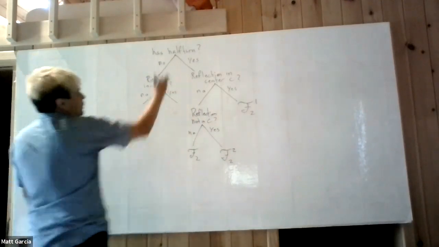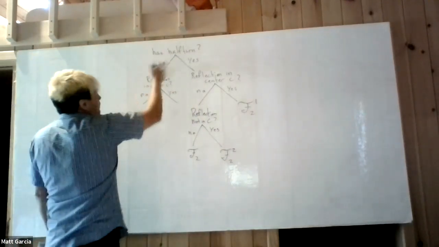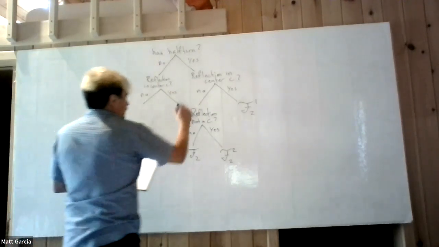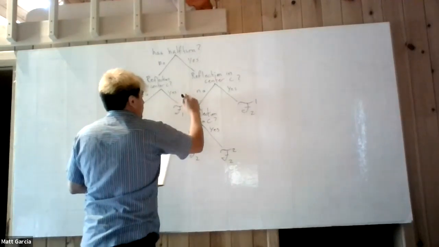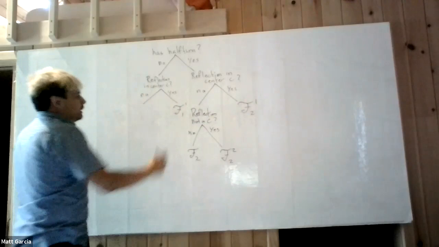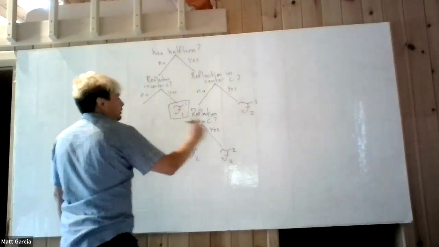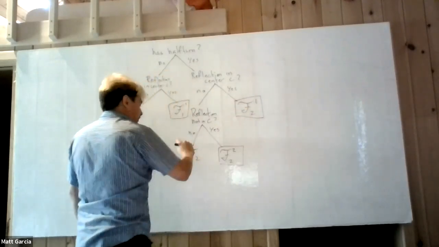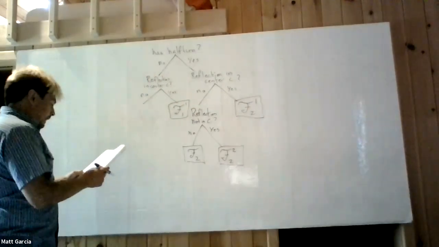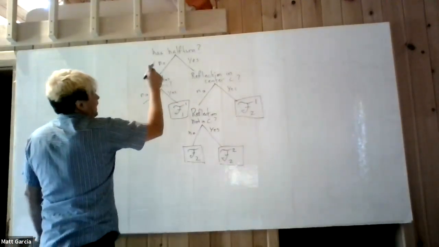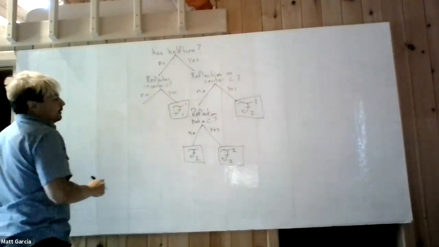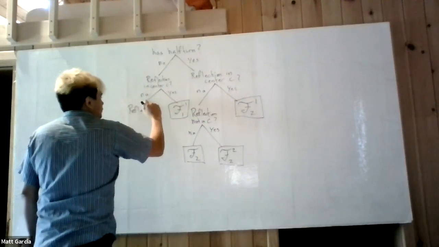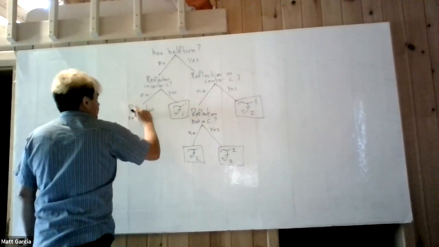Now let's go more down the no path. So if we have no half turn and we do have a reflection in center C, then I'm just F1,1. Just to make this stand out a little more, I'll circle these so you can identify determinants more easily. Once I say there's no half turn and there's no reflection in the center C, I must ask, is there a reflection not in C?